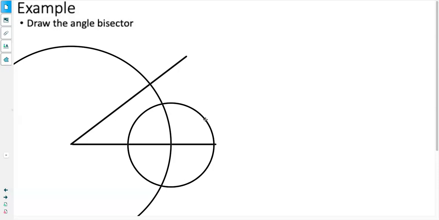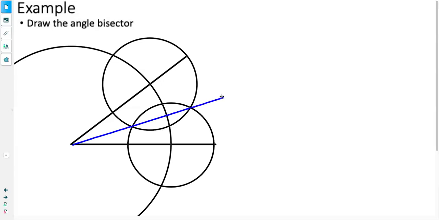And then I need to draw one that's centered here that has the same radius. Now where these two intersect, we can draw in our straight line. And we have our angle bisector.